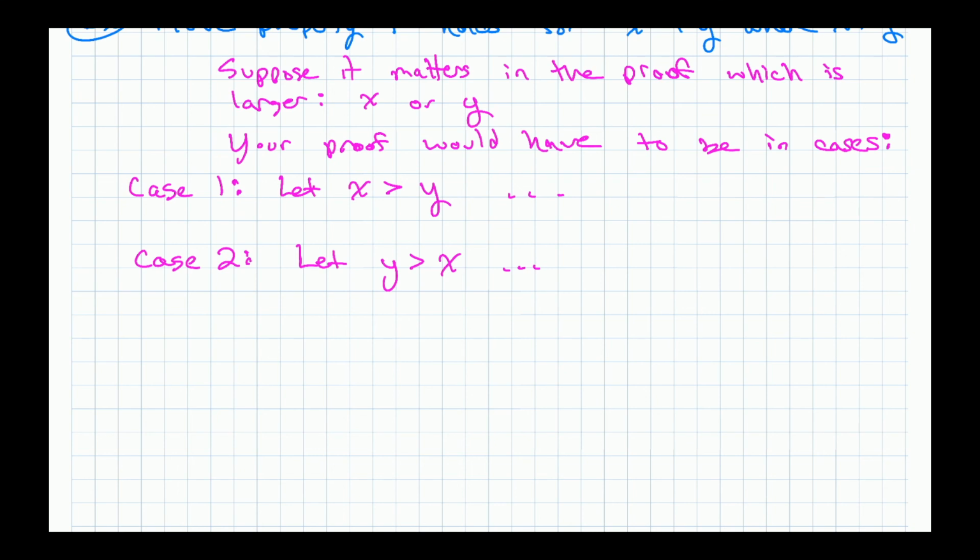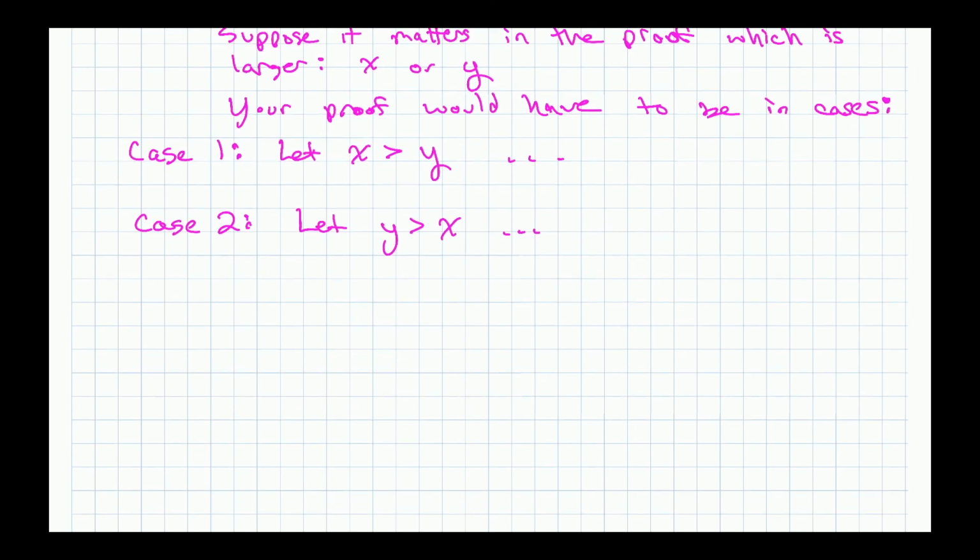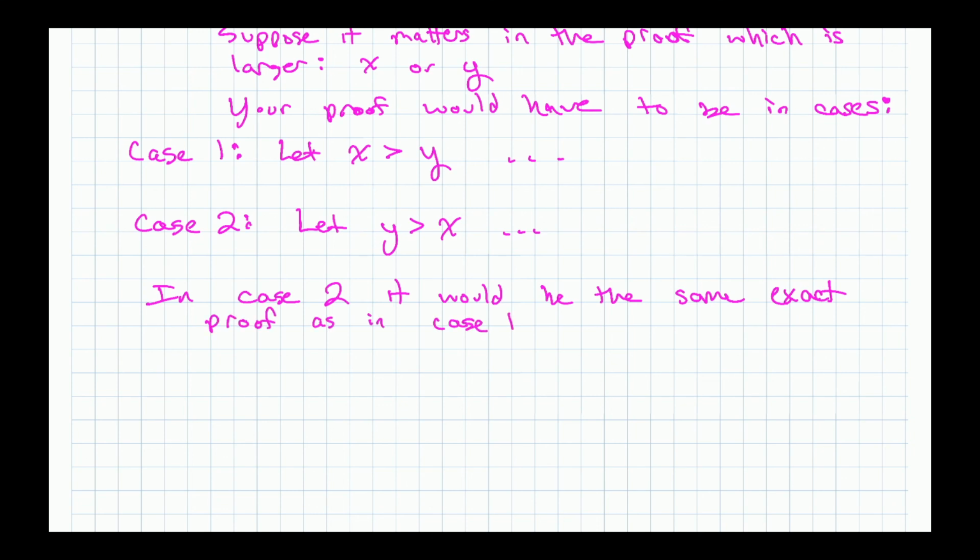In case two, the work would just have all the X's and Y's switched around, right? So case two would turn out to be the same exact proof as in case one, except the X's and Y's would just be switched.